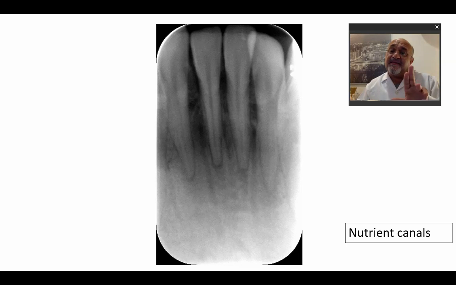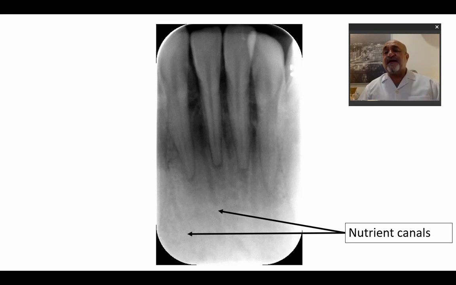Sometimes they tend to be wider, and they run in this longitudinal manner from the alveolar crest downwards. This is a normal presence, although we don't see it in all patients. As we said, it's more common in hypertensive patients and in obese patients. These are the nutrient canals.